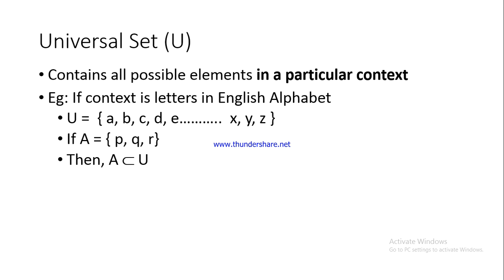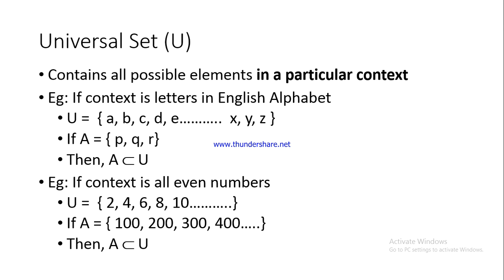Now let's say there is another set which is A and it has got 3 elements. You can understand that A will be a subset of U, and that has been shown here. A is a subset of U. Let us take one more example. If the context is all even numbers, you understand, all the numbers which are divisible by 2, 2, 4, 6, 8, 10, 12, so on and so forth, this will be the universal set.